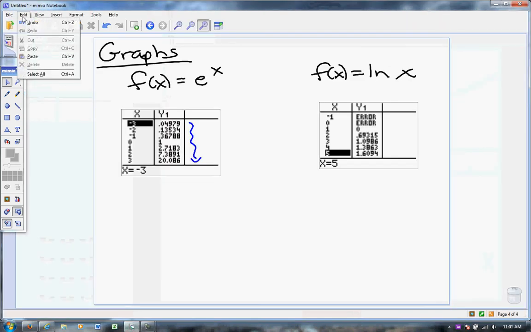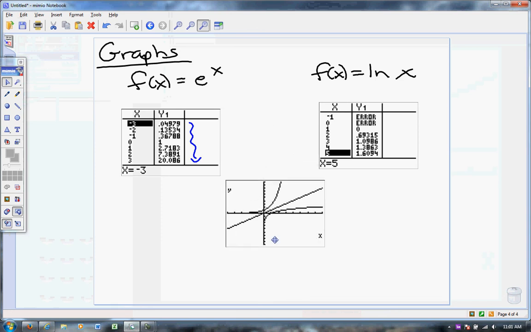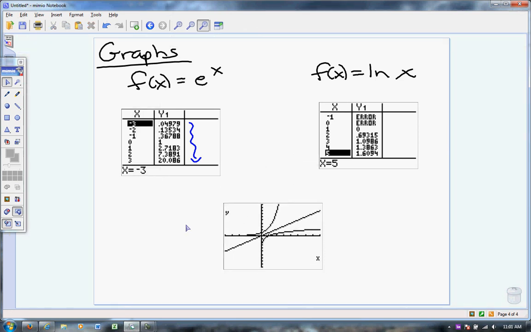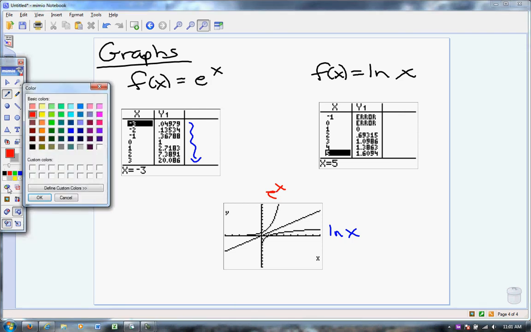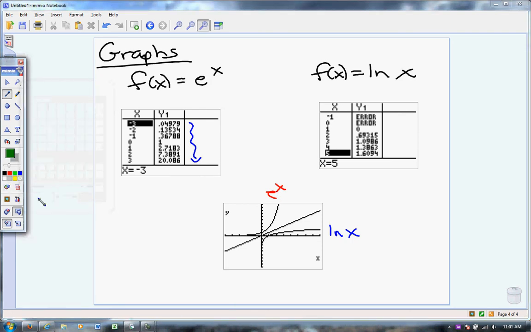So that's a very, very important concept. You need to sketch that graph in your notes someplace and label these. This is the graph of ln of x. This is the graph of e to the x. And right in between, we have the line of reflection, y equals x.